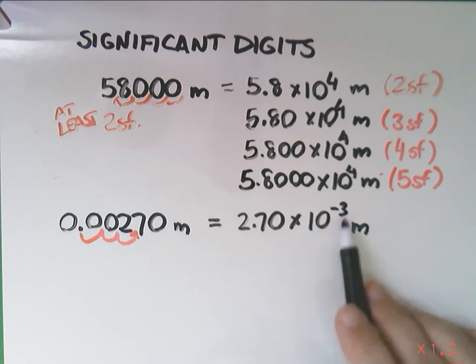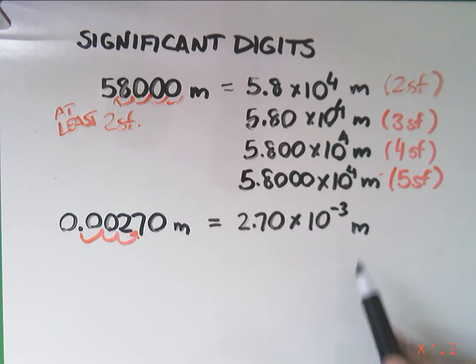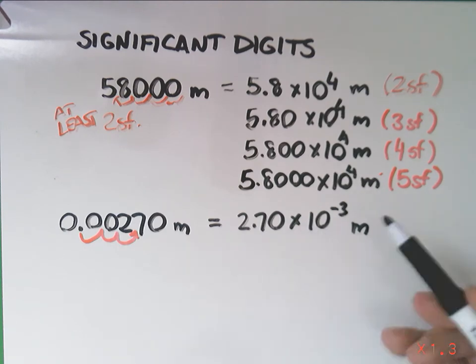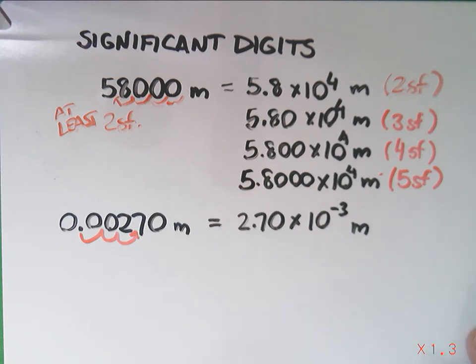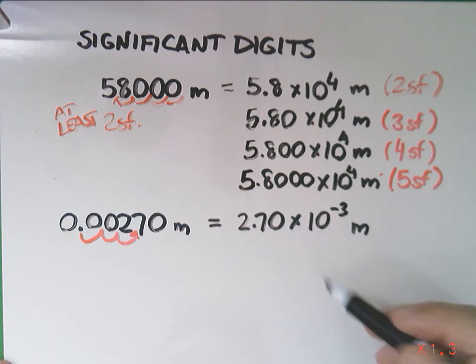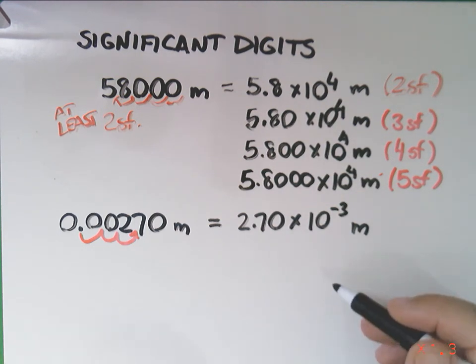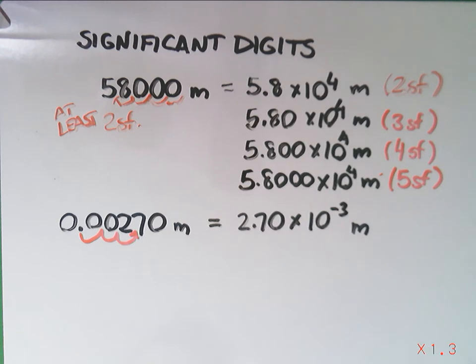And now the magnitude of the number, the size of the number, is kind of encoded in the power of 10 that we've got here. This kind of says in English 2.70 thousandths, because 10 to the minus 3 is a thousandth. So that's another way that you can look at why this number has 3 significant digits.